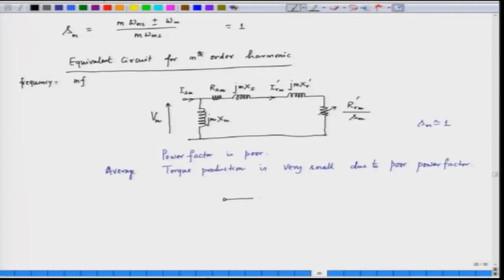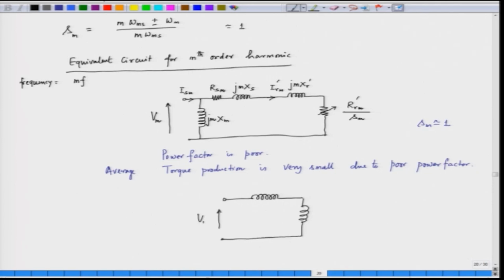So, we can reduce this equivalent circuit to a reactive circuit where we have primarily the reactance of the stator and the reactance of the rotor, and we can ignore the magnetizing reactance because this is quite large here.